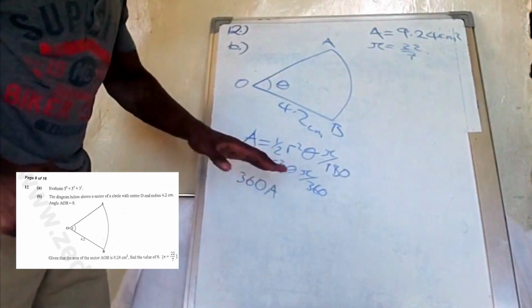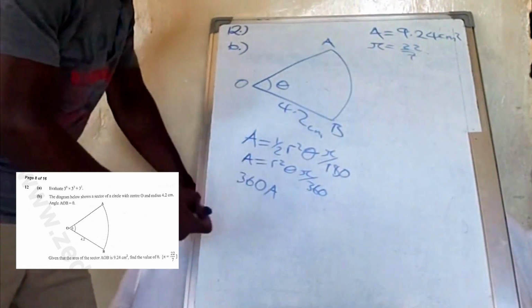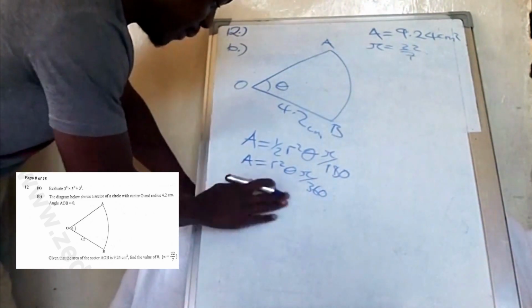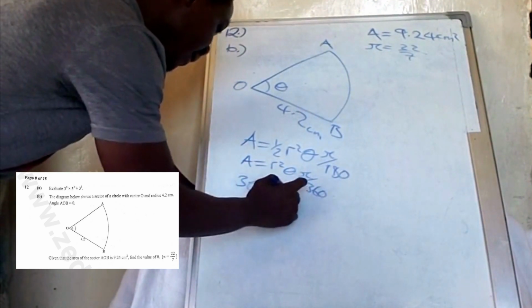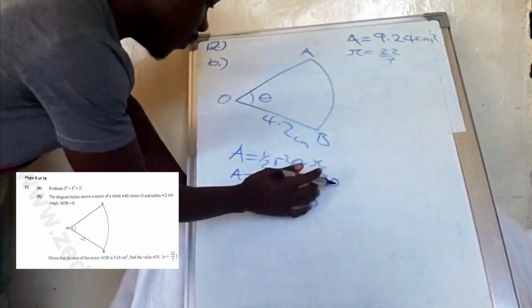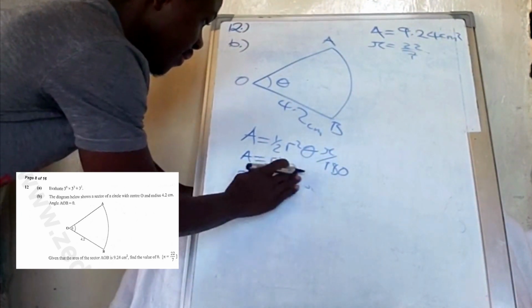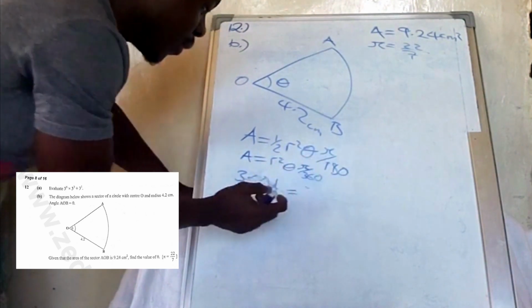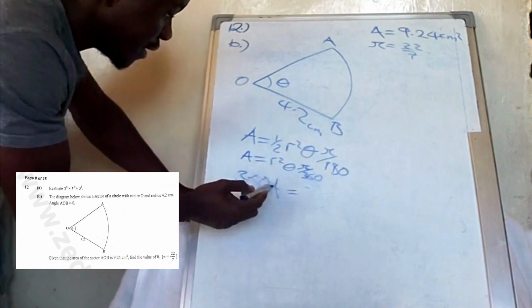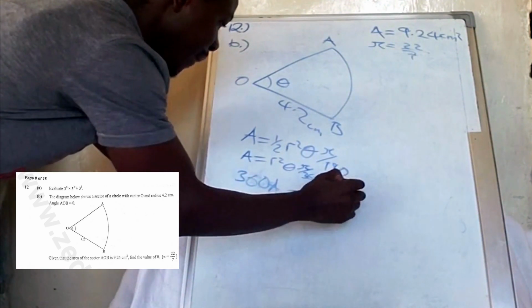We're trying to make theta the subject of the formula. We cross multiply. We have 360 multiplied by the area is equal to what we're going to remain with on this other side, r squared theta pi.